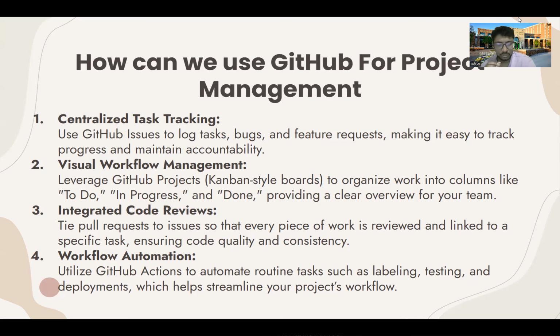So GitHub Actions helps you automate things. You just push something, and automatically it's deployed on the server. That's an example of workflow automation. So GitHub is a super powerful tool to help manage your project better. Now let's proceed.